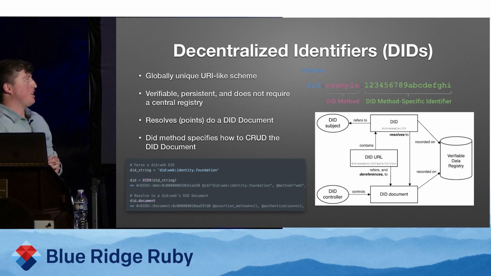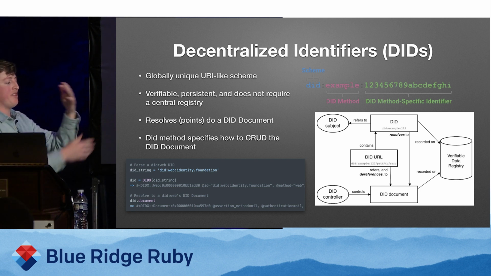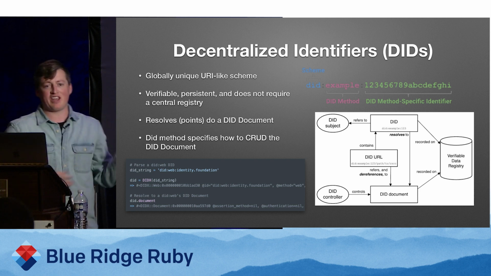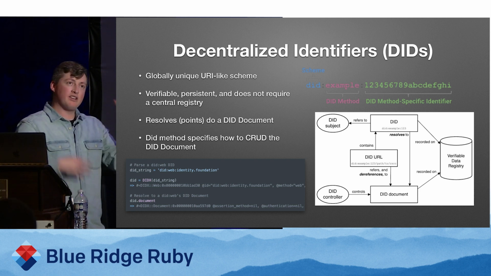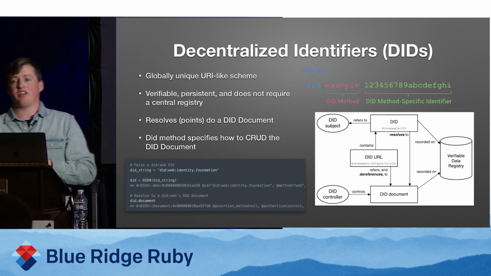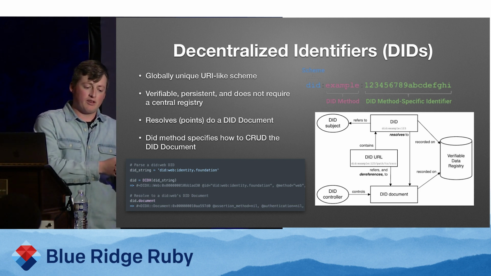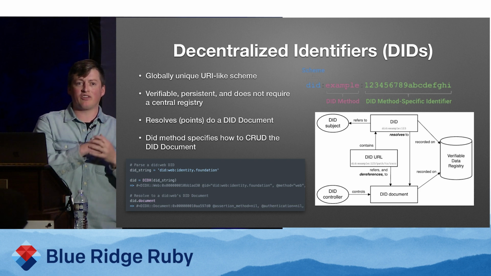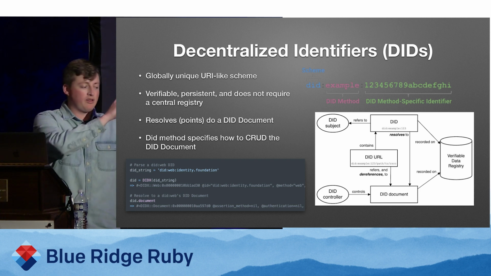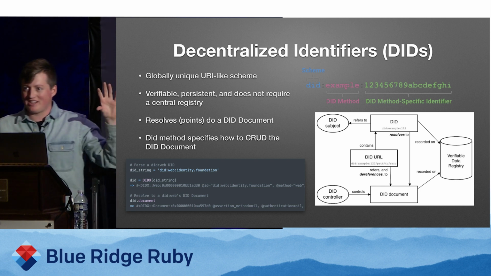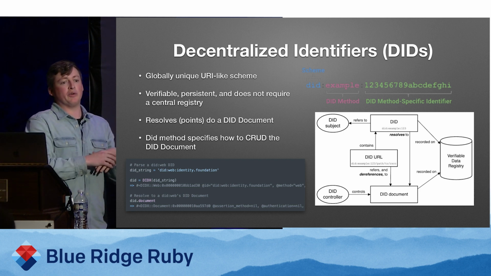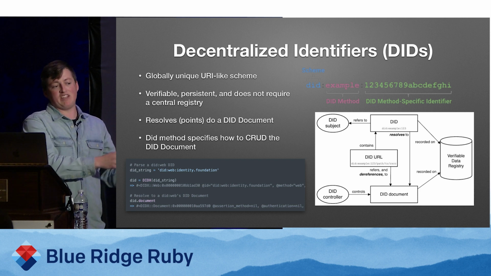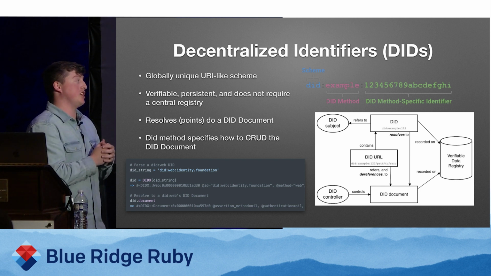There are lots of different DID methods. Each DID method has a different specification for how you get that JSON data. But it works similarly to a database identifier, where instead of an integer ID for your database, where you look up the user ID and fetch all that data in the row, you might allow your user to store their own data using this specification.